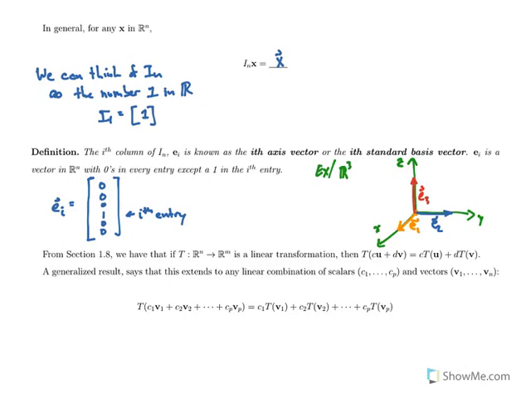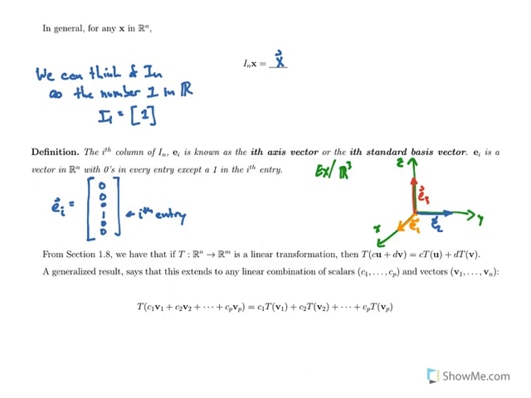And then one more result before we can really dive into material here. From section 1.8, the last section looking at linear transformations, we showed that T of cu plus dv, we can write that as c times T of u plus d times T of v. And we hinted that it really had to do with a linear combination of things. And we hinted that we have this next result, that we can do this for more than just two vectors and two scalars.